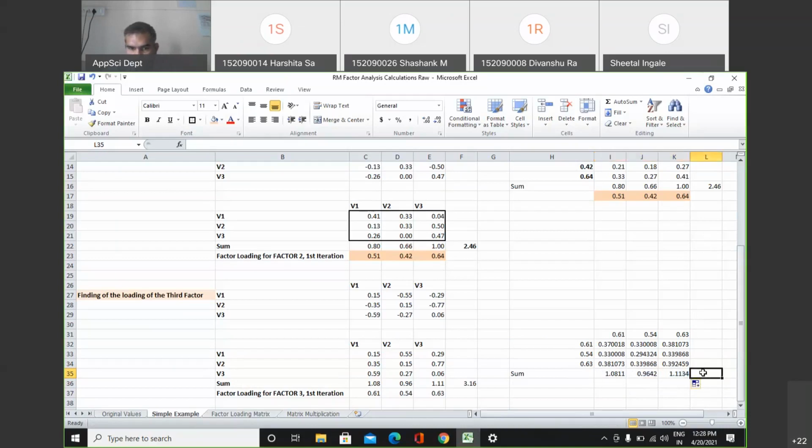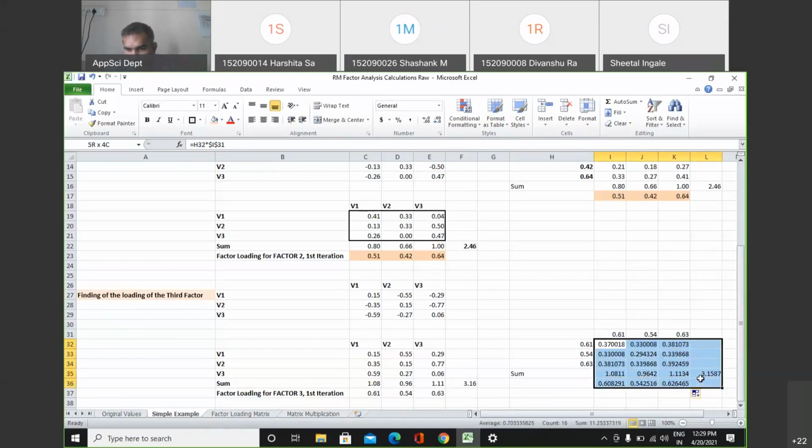Since this number came the same, the rest will also be the same. Still we will do the process because it won't take much time. It will become the same after rounding.